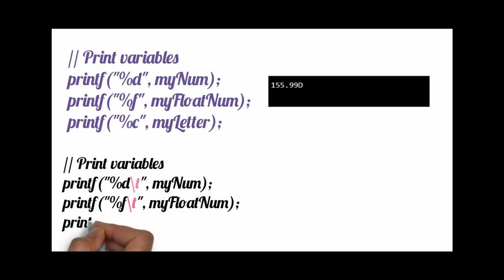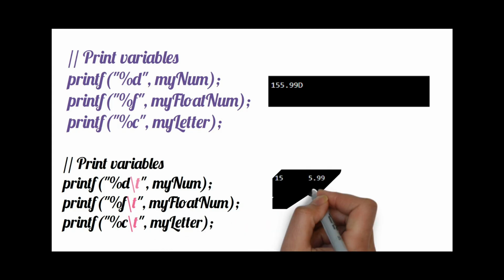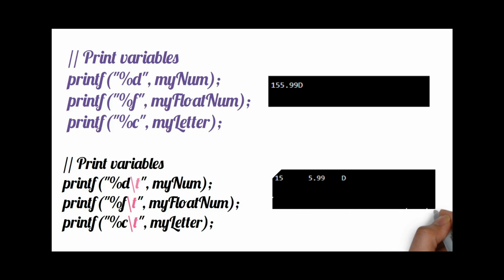Same thing I'll do for the floating point also. I'll insert backslash t, and for the character also I'll insert backslash t. Now I'll run this code. As you can see in the output, there is a sufficient space between the numbers and the letter.